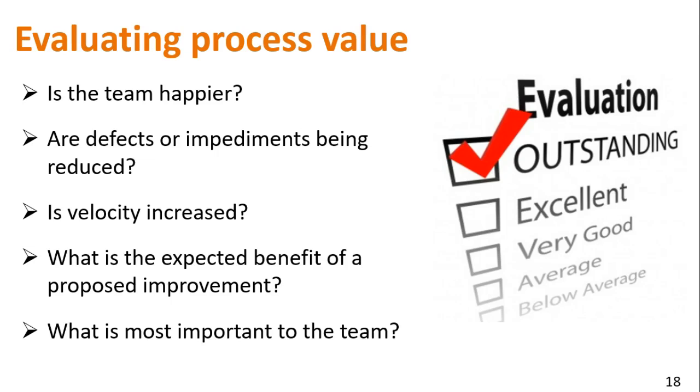I think the thrust of this particular question is, have we made some changes, not because we want to increase velocity, but have we made some changes and have those changes resulted in increased velocity? If they have, then they're probably a good thing. But that should not be something that we look at and say we have to improve our process to improve our velocity. That's the balancing act.